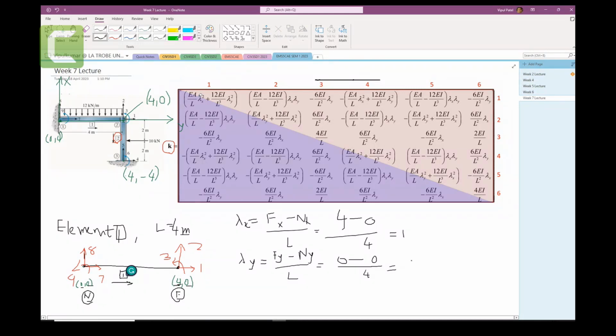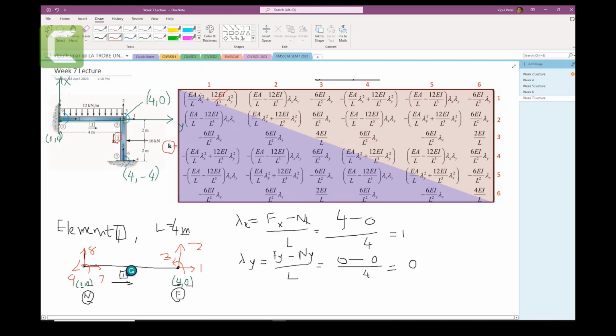So 0 over 4 is 0. This is all good so far. So we have lambda x equal to 1 and lambda y equal to 0. Whenever I see lambda y, I will put it as 0.